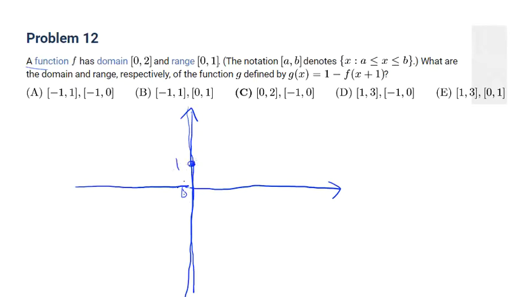Now say this is x, this is y. Here just say f(x), this is x, f(x), this is 0, this is 1, this is 1, this is 2. This means that the graph of f(x) is going to be trapped inside this box. It won't go outside the box, ever.